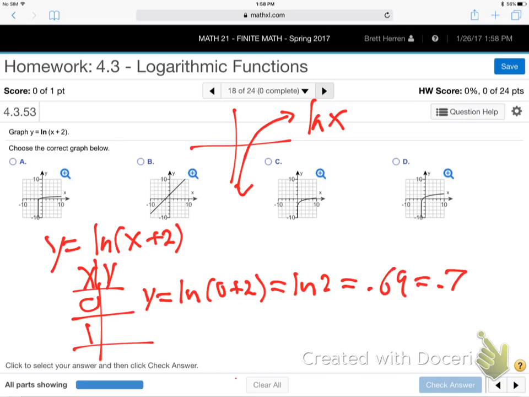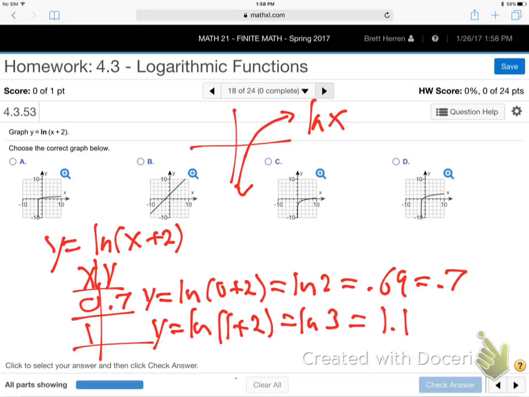That's as accurate as I could graph anyway. And then I'm going to plug in 1. So that's natural log of 3. And that's 1.09, or I'm just going to say 1.1. That's as accurate as I could graph anyway. We good to there?